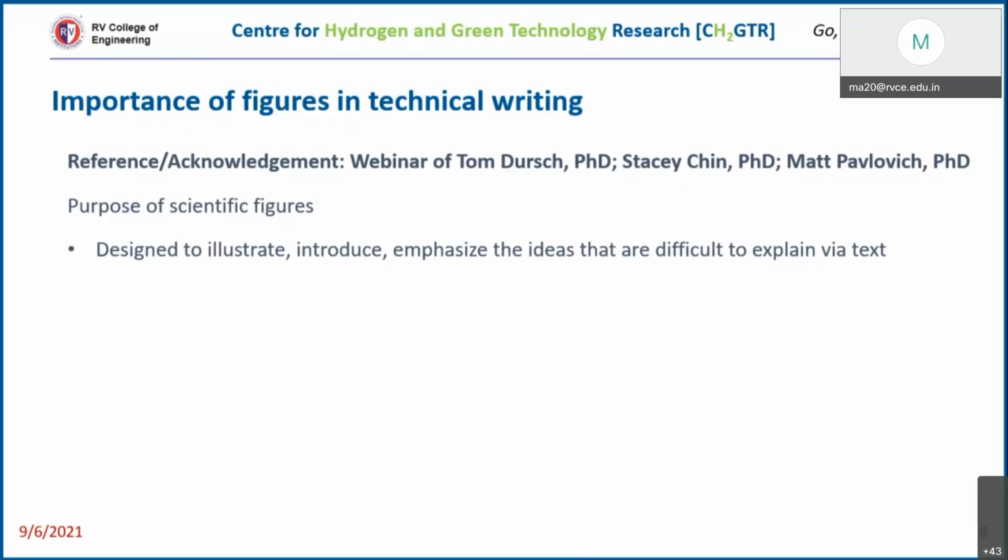You cannot have a project or a presentation without figures. It is very unusual. Okay, conveying information without pictures is very unusual. So that is the purpose for which you end up using pictures and graphs in your report or technical document.